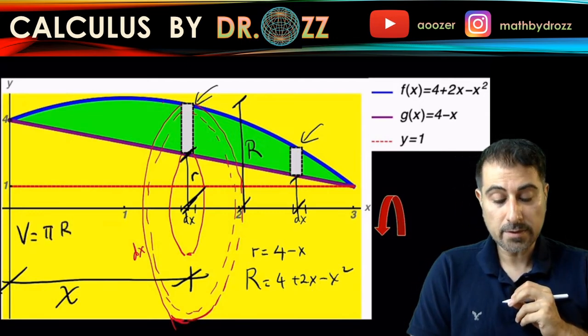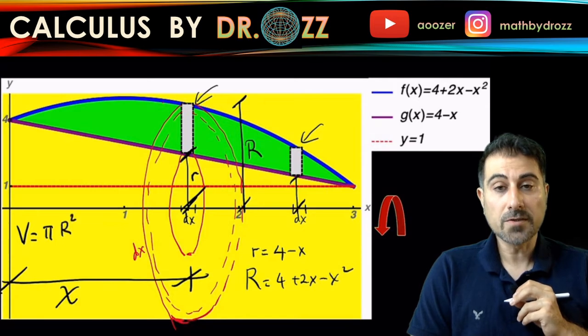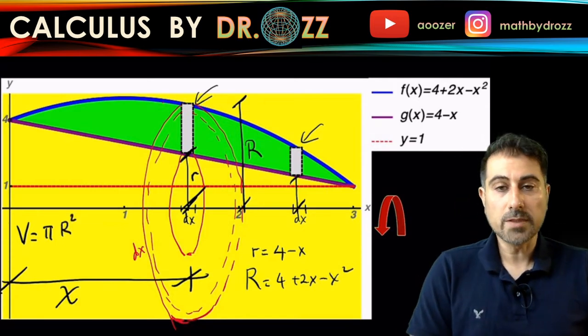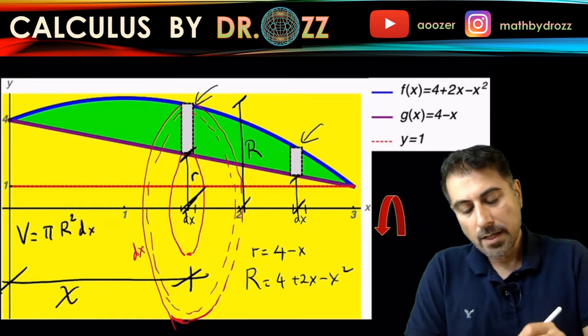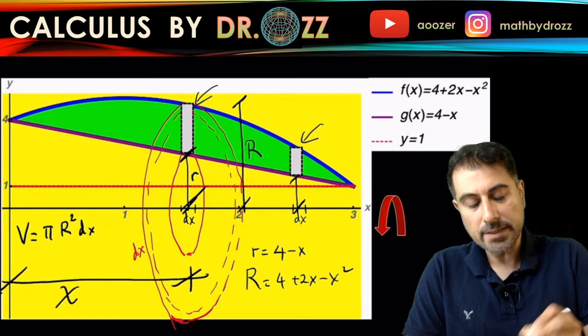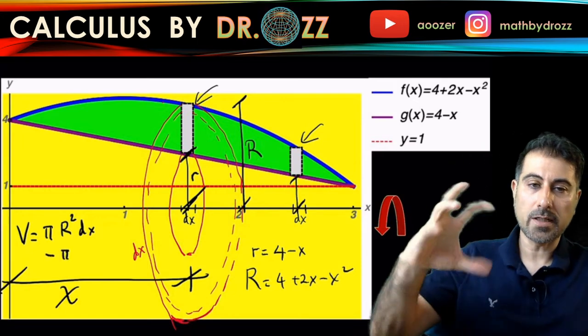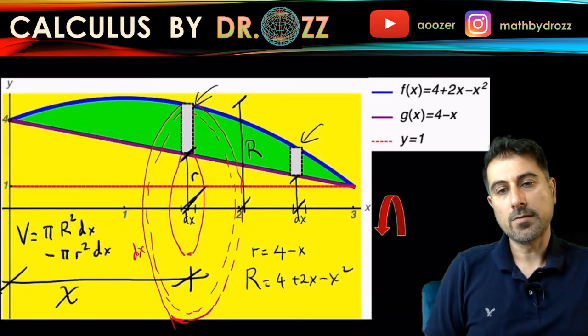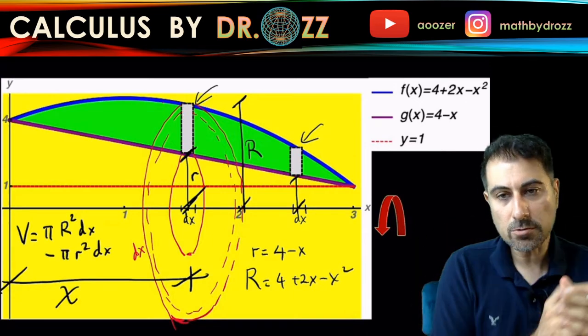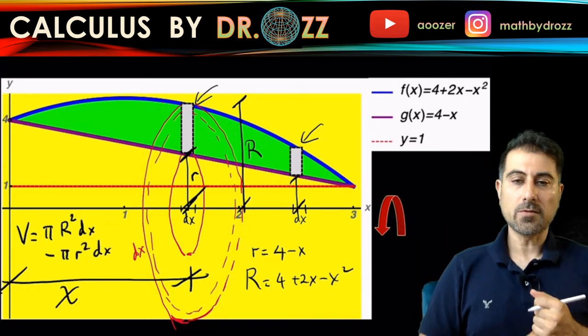That's the area of the surface of the washer, and if you multiply it by dx, that's the volume, the height of the washer, right? And you're also going to subtract pi little r squared dx, and this is the inner disk, in fact. So we puncture that, we take it out, right? That's why I subtracted the volume of that.